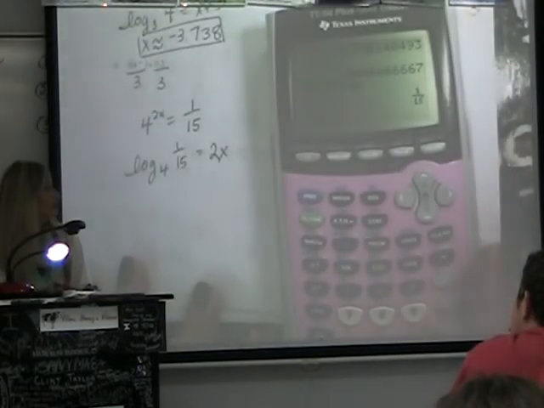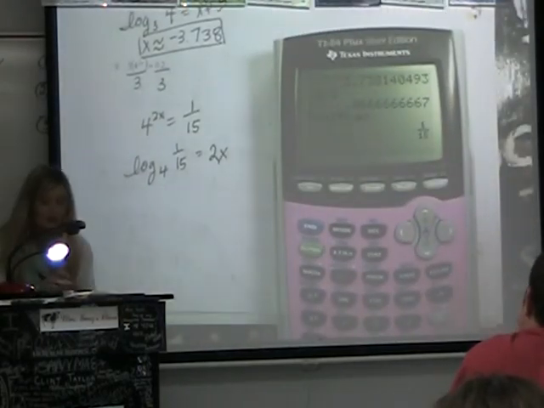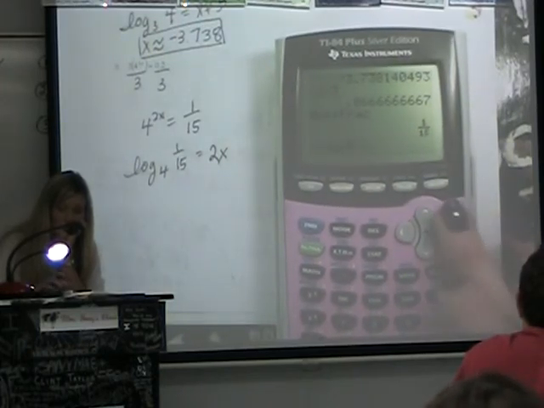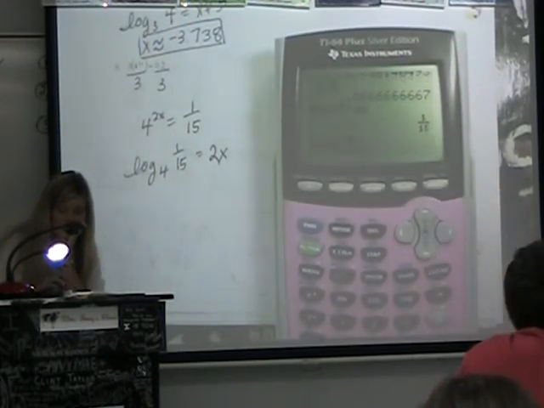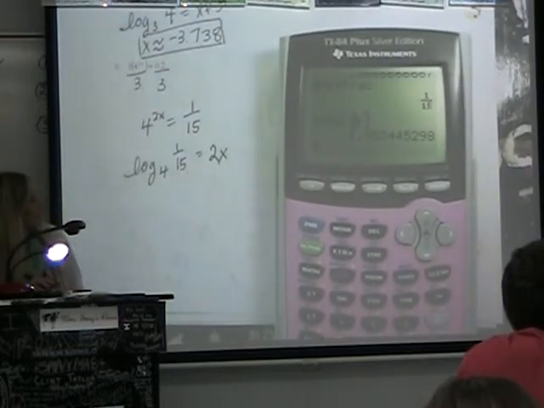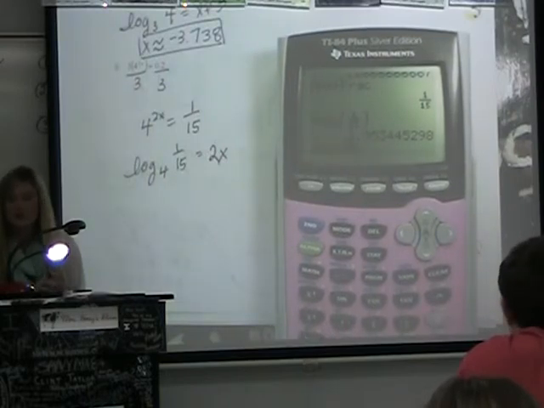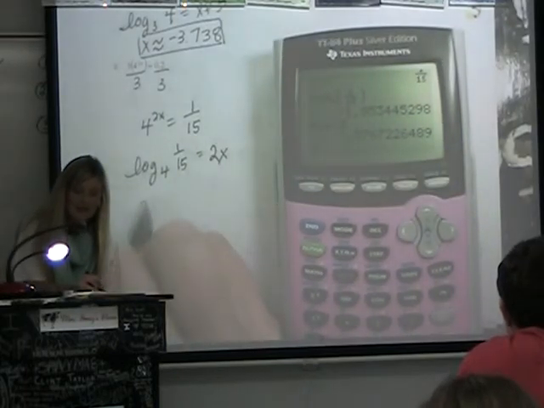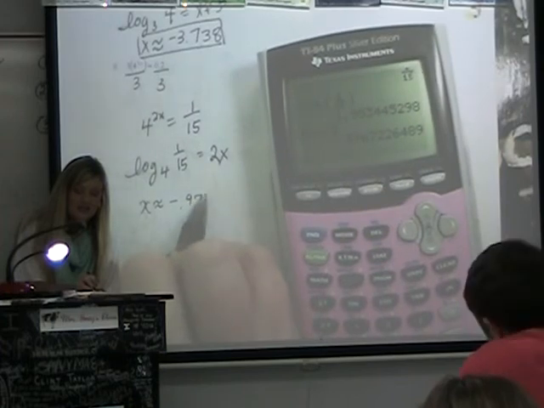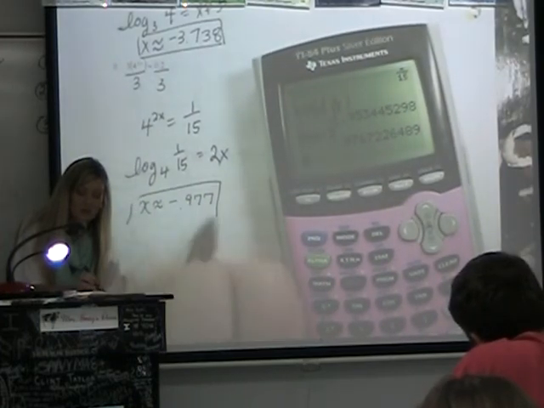So in my calculator, I'm going to go alpha window number 5, log base 4 of 1/15. Get a decimal answer for that, and then just hit divided by 2, so it will use that entire decimal. And I get x is approximately negative 0.977 if I round to 3 decimal places.